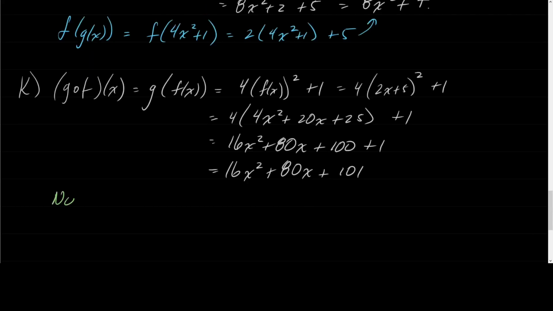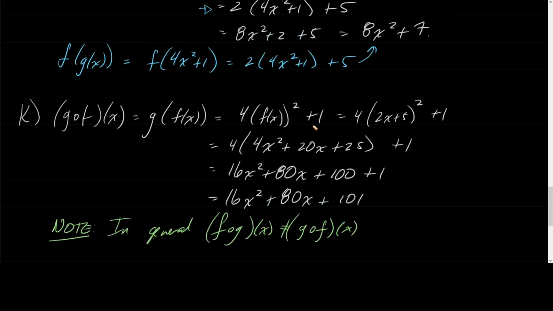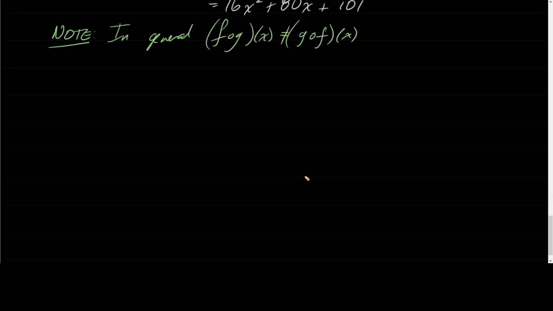Note: in general, f composed with g of x does not equal g composed with f of x. And you clearly see that here, right? We had two different answers for f composed with g and g composed with f.